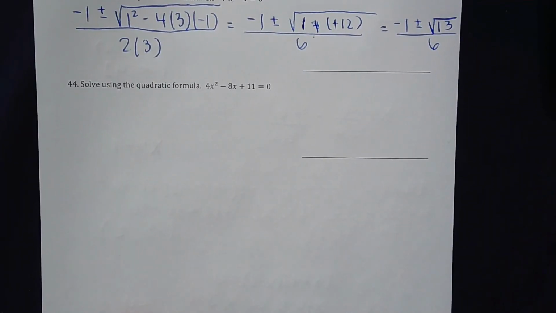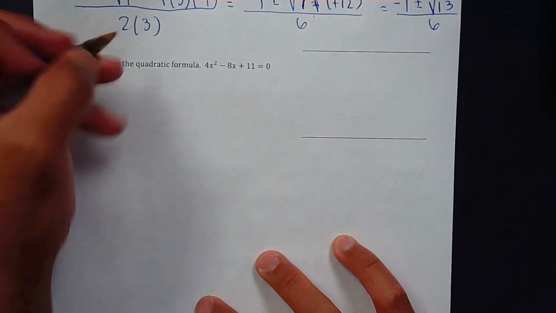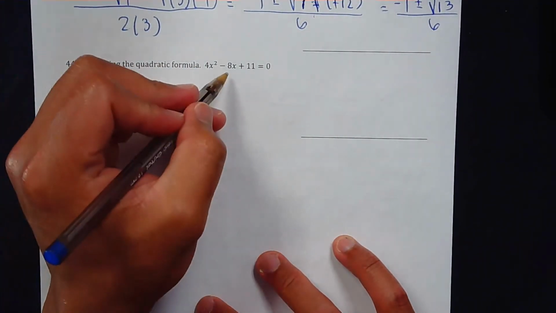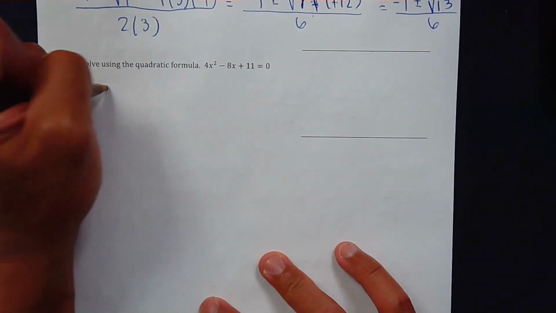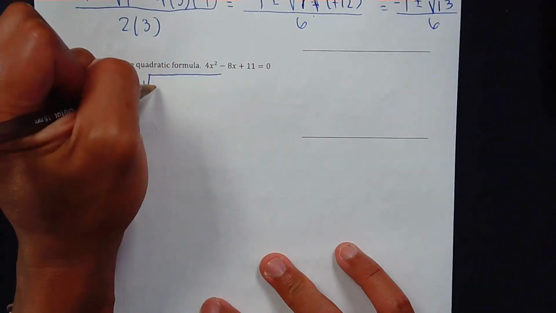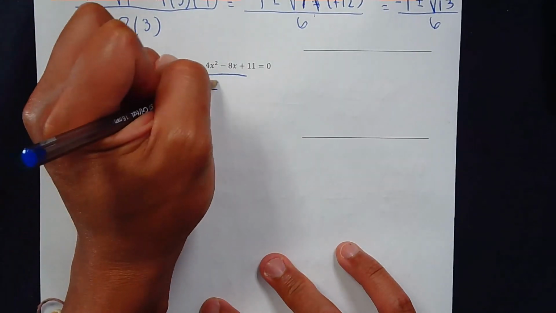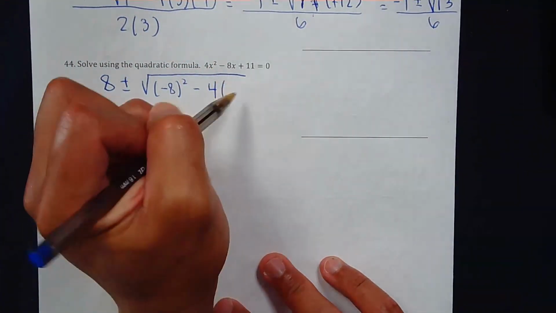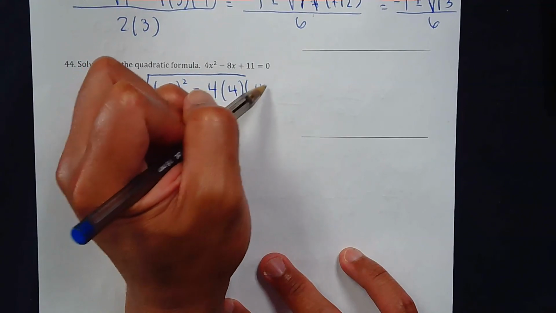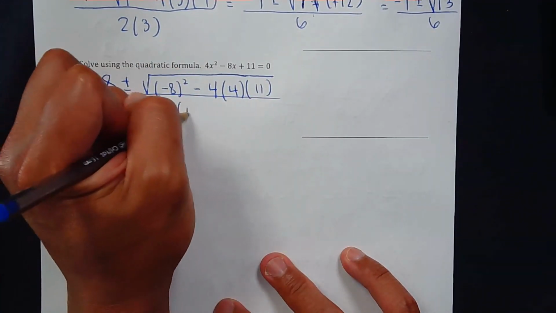All right, last one. Wow, this video is almost 45 minutes. Yeah, solve using the quadratic formula. Negative b. So opposite of -8, that's going to be 8. Plus or minus the square root of b squared, that's -8 squared, minus 4 times a, which is 4, times c, which is 11, all divided by 2 times 4.